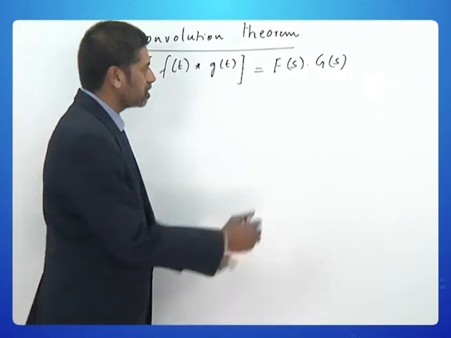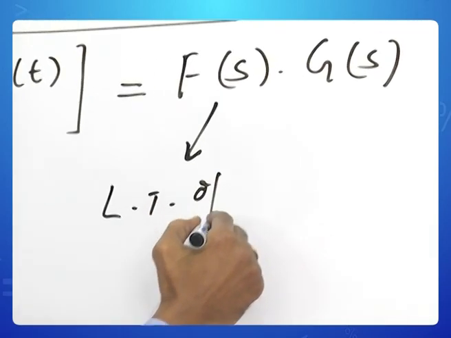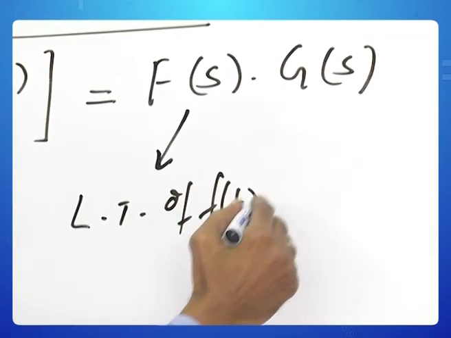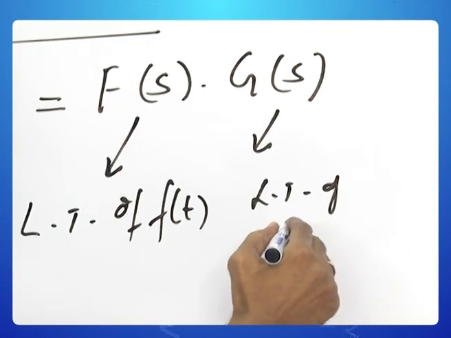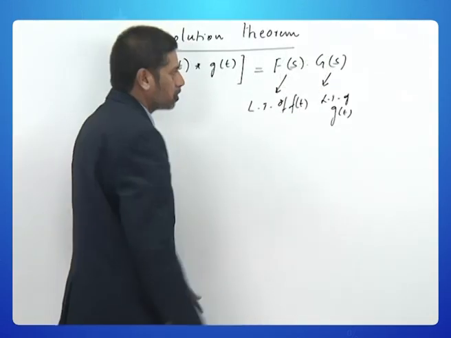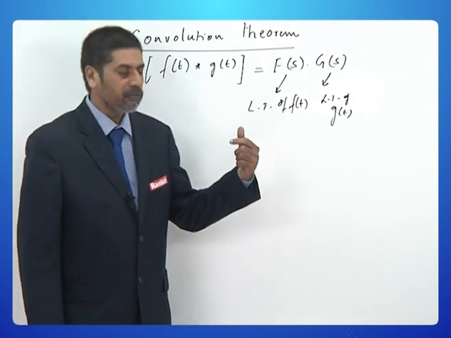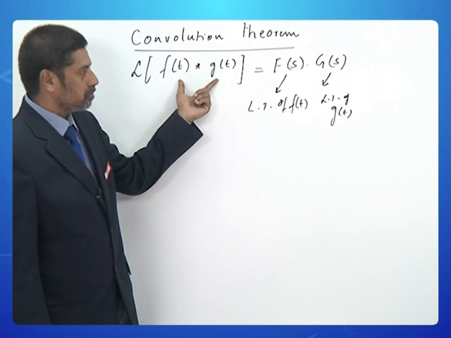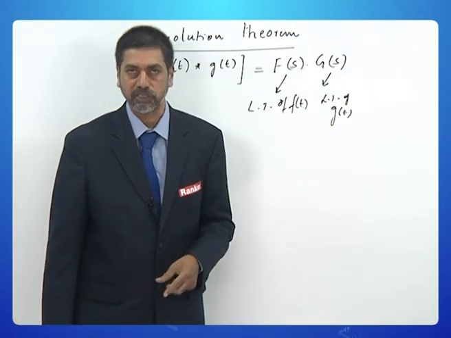So what is F of s here? This is the Laplace transform of f of t, and this is the Laplace transform of g of t. So it's a very elegant theorem which says that if you take the Laplace transform of the convolution, then it is simply the product of the transforms of the individual functions.